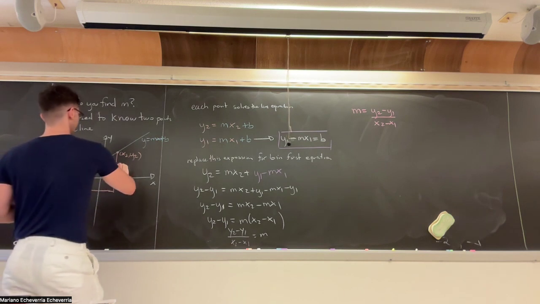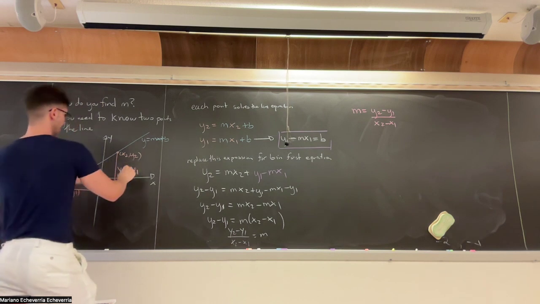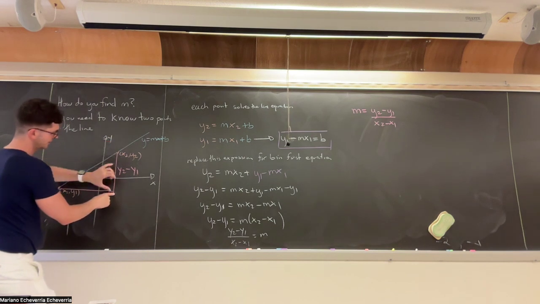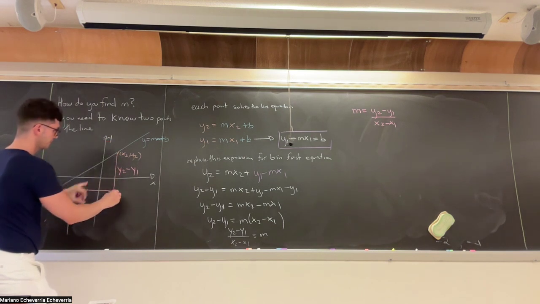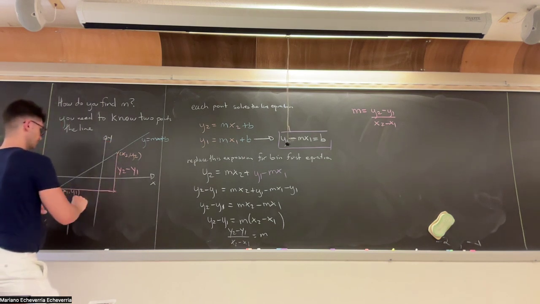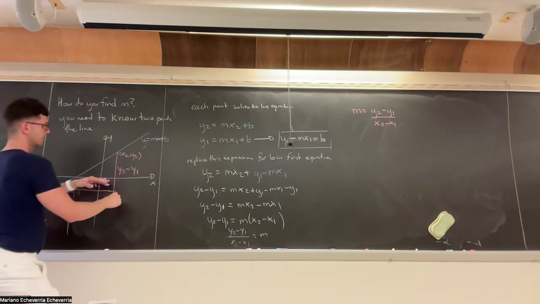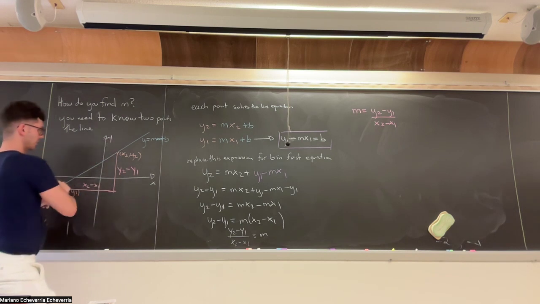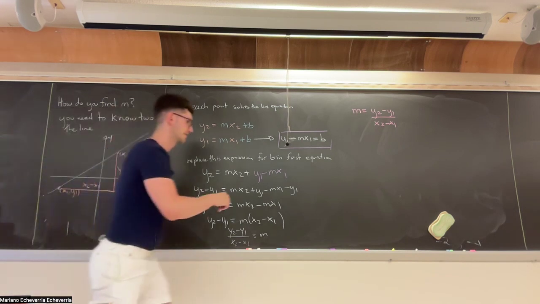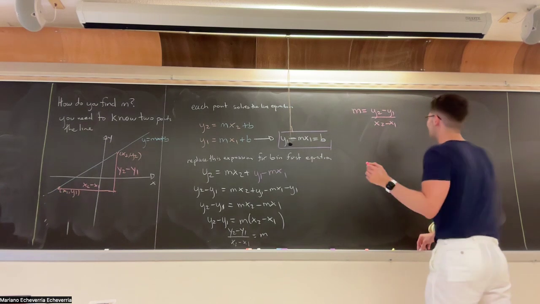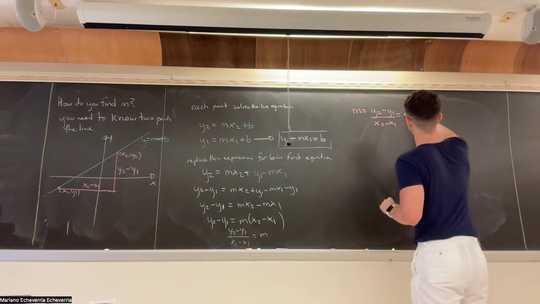This is sometimes called rise over run, because from this point to this point there's a difference of y2 minus y1, and from this point to this point there's a difference of x2 minus x1. So this is how much you rise when you do this run.